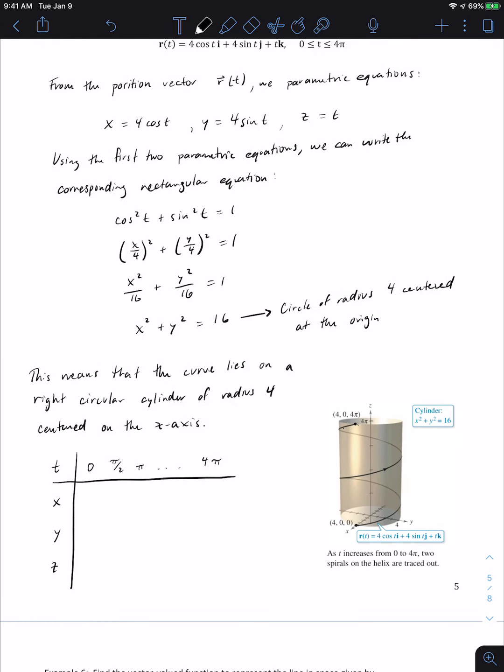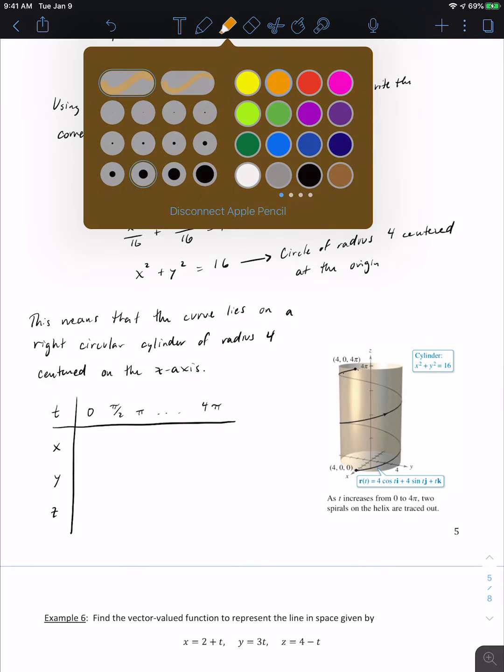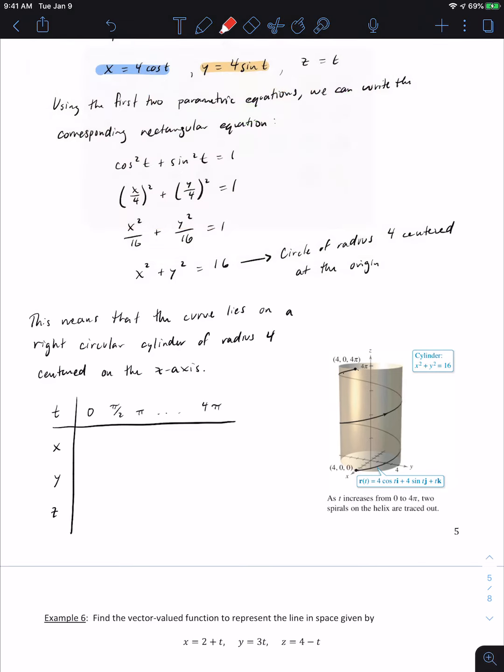So at 0, I'm plugging this into my parametric equations right up here. When I plug 0 into x, I get 4 cosine of 0, which is 1, so I get 4. Sine at 0 is 0, and then my t value that I plugged in was 0, so z is 0. Now if I plug in pi over 2, cosine at pi over 2 is 0, sine at pi over 2 is 1, so I get 0, 4, and then my z value is t, so pi over 2. So it's a point with a height of pi over 2.